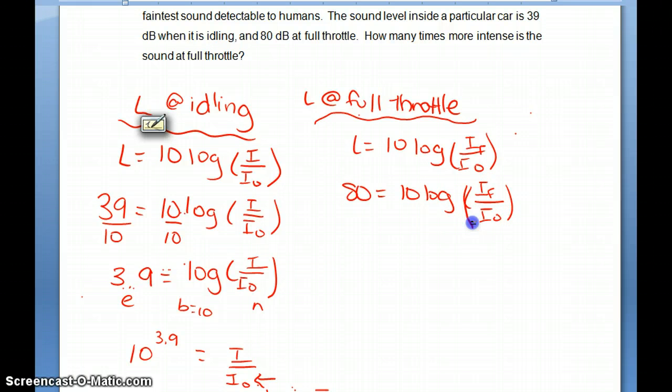Similar to the last question, we're going to solve for the log of I divided by I naught, so we'll divide here by 10. So we have 8 is equal to the log of the intensity of full throttle divided by I naught, the faintest sound a human can hear.